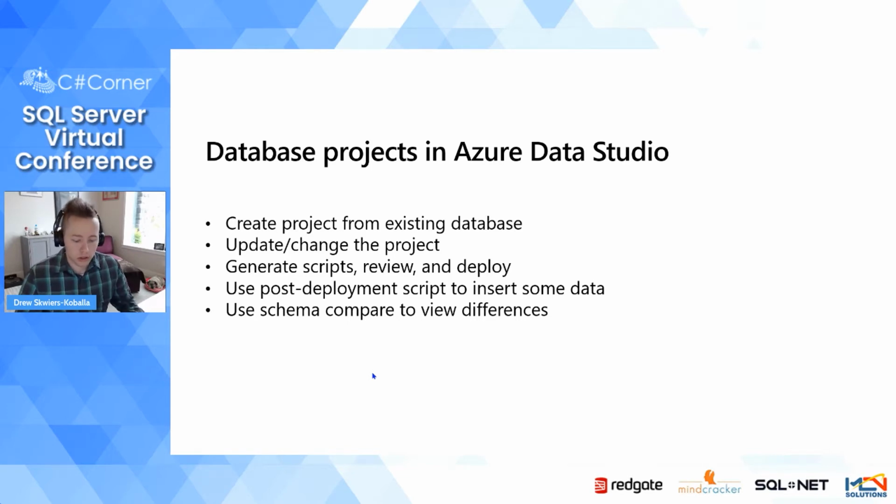We're going to use some functionality from database projects known as post-deployment scripts. A post-deployment script gives you the opportunity to run additional T-SQL following the original deployment to do things like modifying additional permissions or inserting some static data.